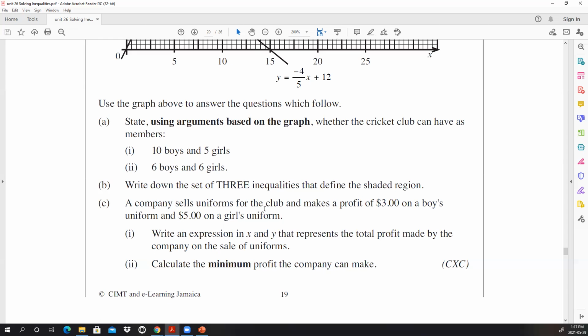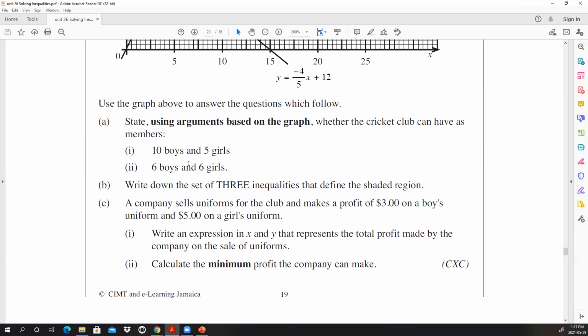So a company sells uniforms for the club and makes a profit of $3 on a boys uniform and $5 on a girls uniform. Write an expression that represents the total profit made by the company. It's just the number of uniforms you sell between the boys and the girls.